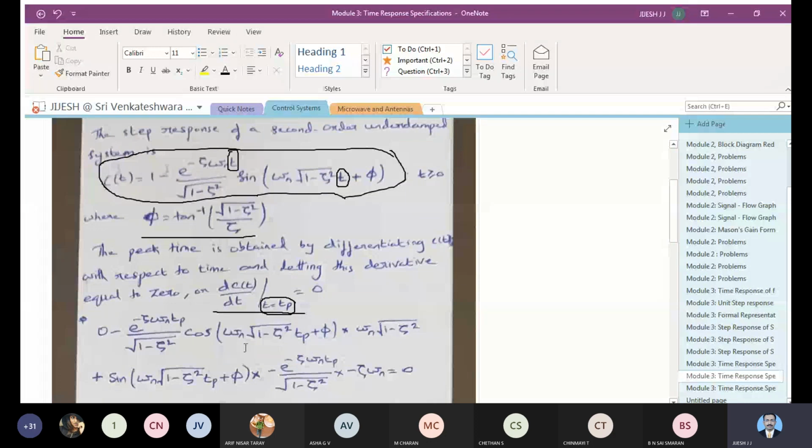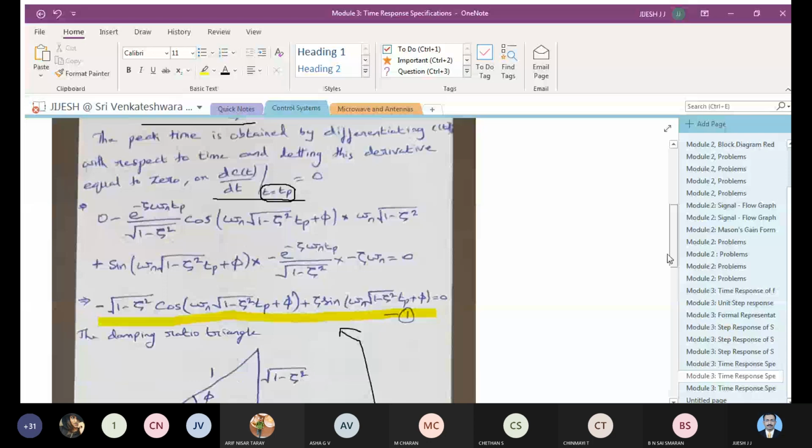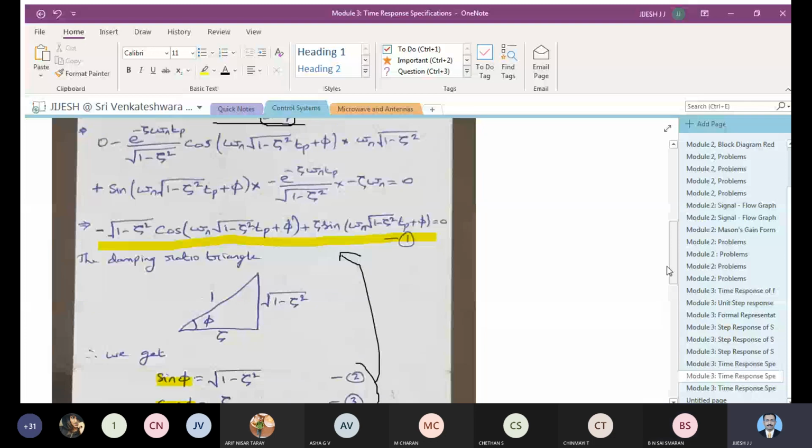Whether we stopped here or continued further, I think we stopped at this triangle. From there onwards, we'll continue for today's class.